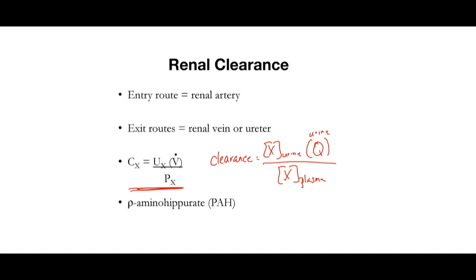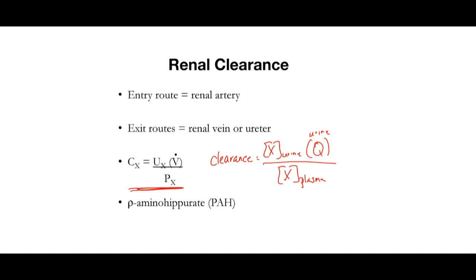How much of your plasma can you completely remove this X solute from per unit time? That's the value that you're going to calculate. So the concentration of your plasma in the renal vein should be 0 for this particular clearance volume. So we're looking at how much is showing up in the urine, what is the urine flow rate, divided by how much you started with, because your vein should be 0.